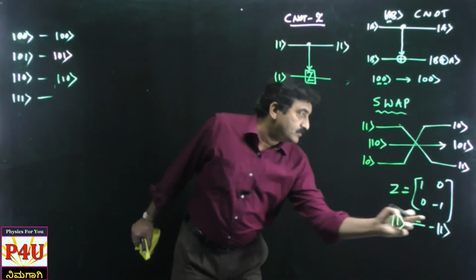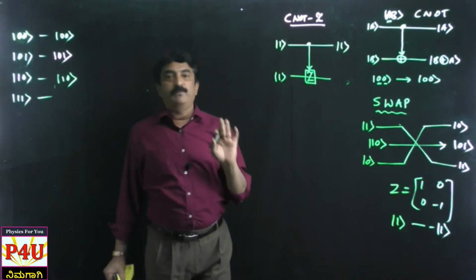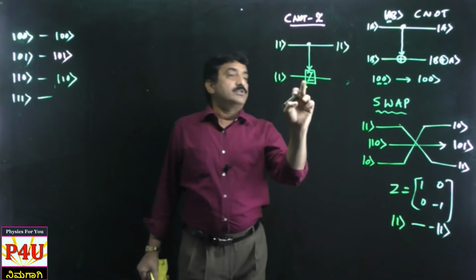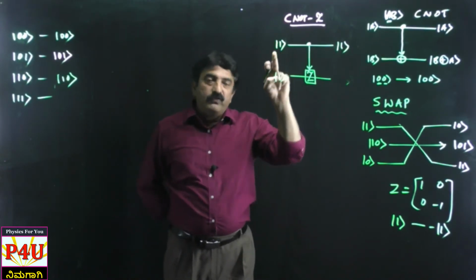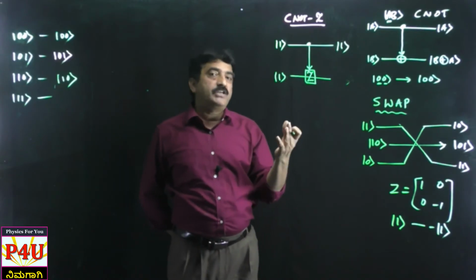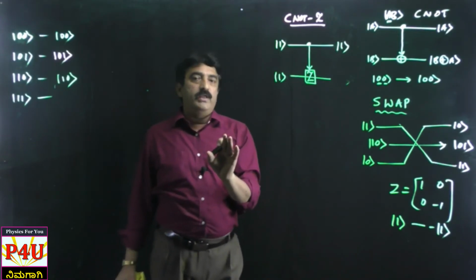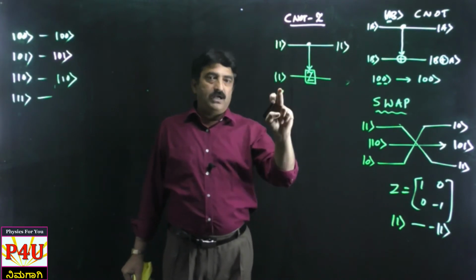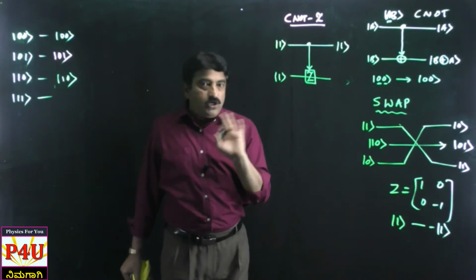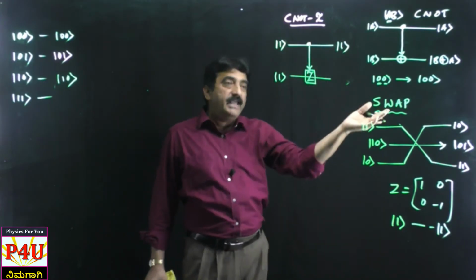Now here 1 becomes 1 only, but a negative sign comes into the picture; the phase change will be there. So Z is activated now, by this control. If it were only a controlled NOT gate, 1 acting on 1 would have become 0. But it is not a controlled NOT gate, it is a controlled Z gate.